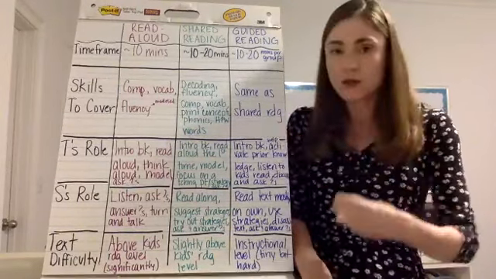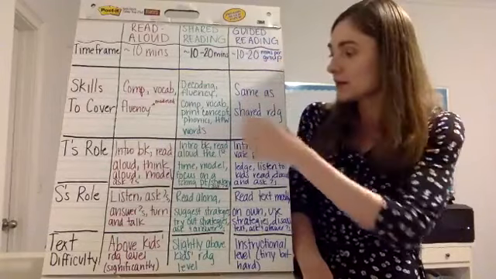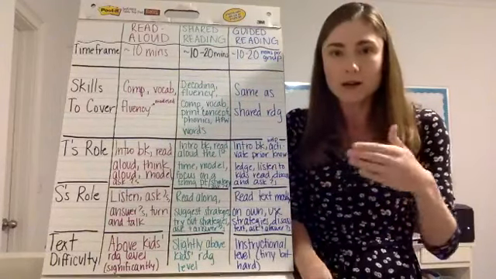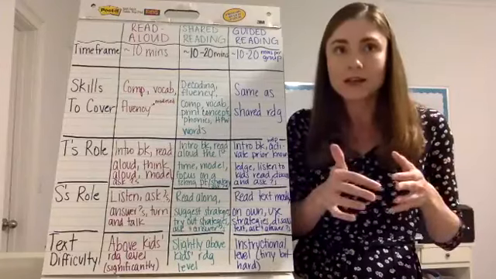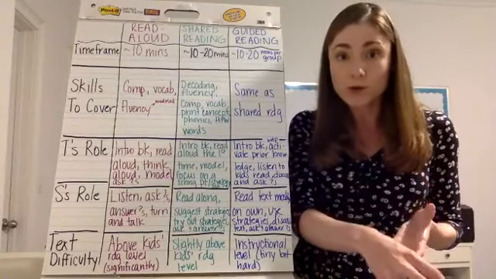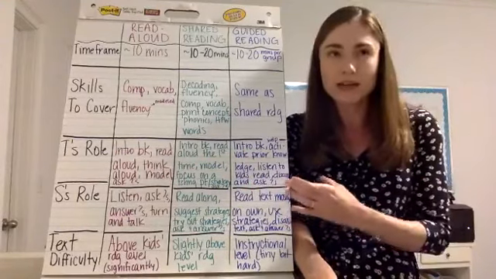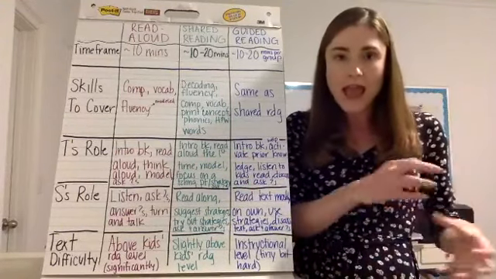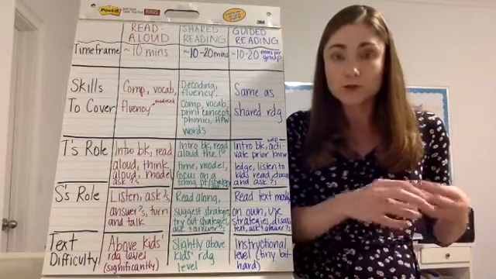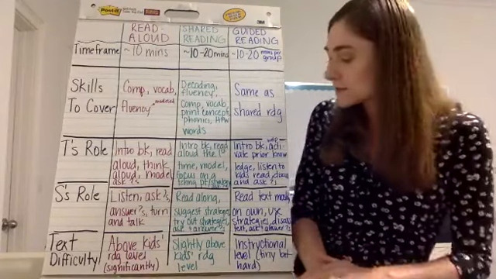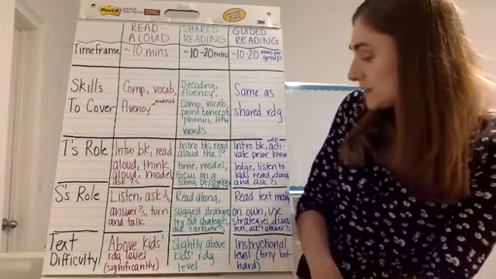If you're thinking about the gradual release, this is right before independent reading, not chronologically, but the least amount of support before independent reading. If you're still giving them a ton of support during guided reading, they might struggle during their independent reading because you're doing so much. Hopefully that makes sense.